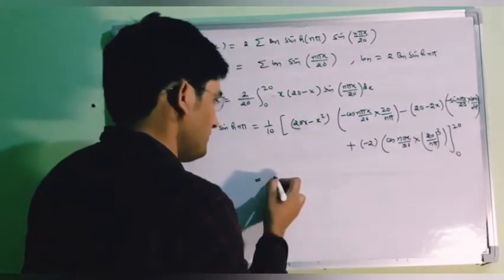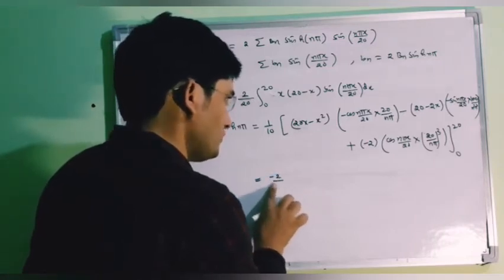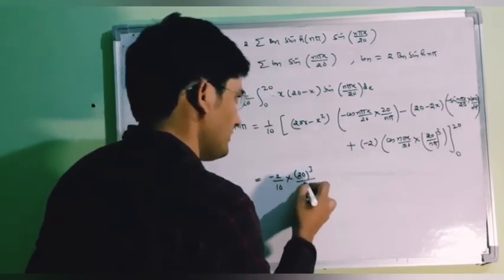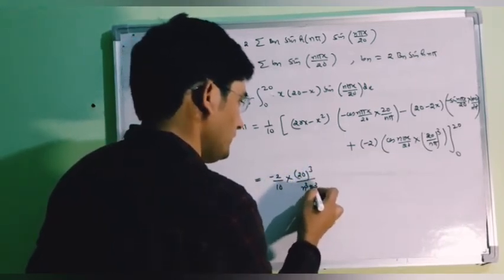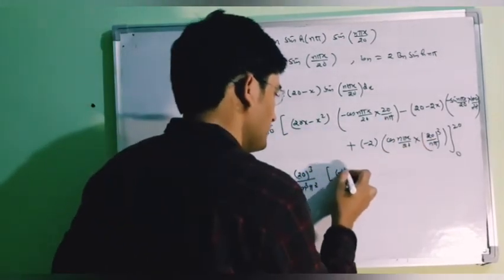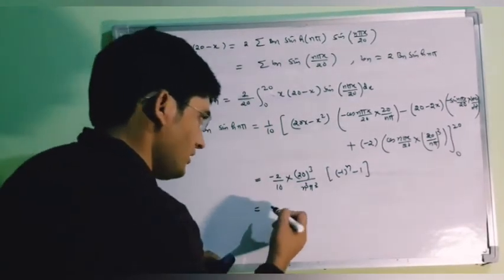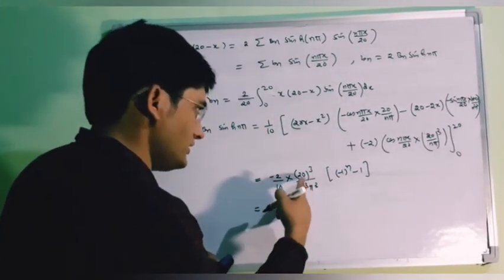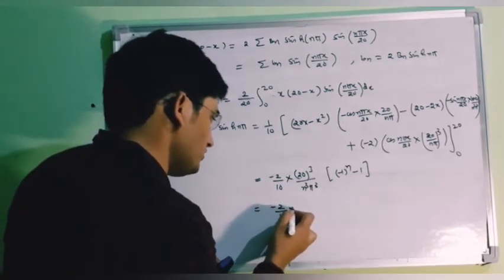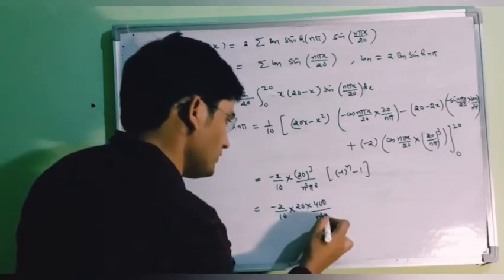So we will have minus 2 upon 10 into 20 whole cube divided by n cube pi cube. Then for the upper limit we will have cos n pi is minus 1 power n. So this is equal to, say, minus 2 upon 10 into 20 whole square, say 400, divided by n cube pi cube.